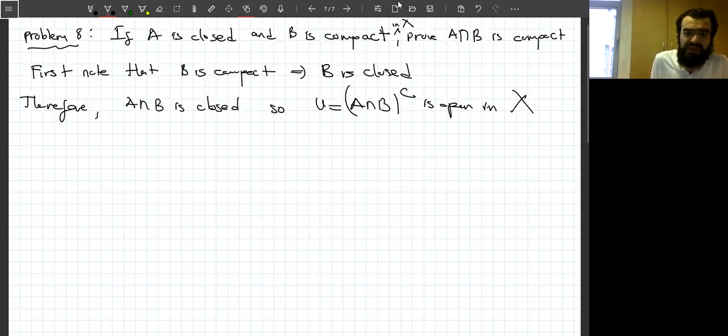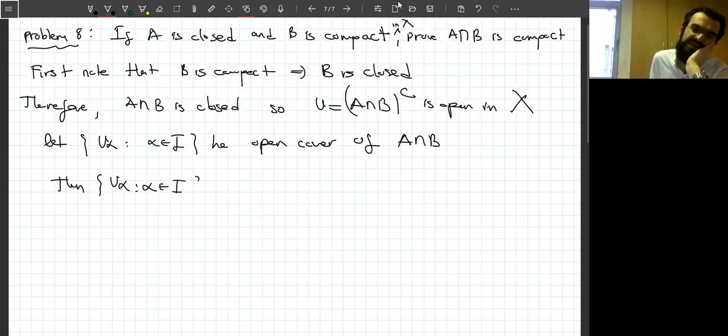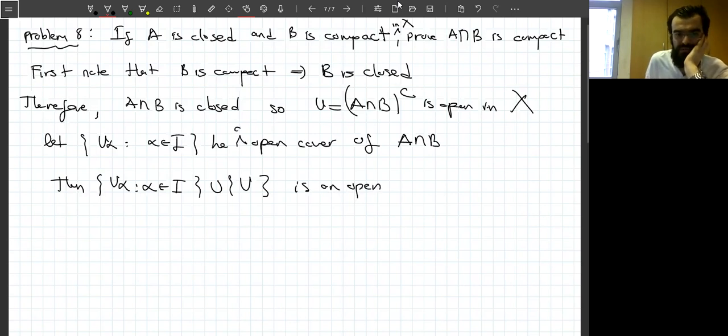Okay. So let U_alpha be an open cover of A intersection B. Then these sets U_alpha, together with one more open set U, form an open cover of what?